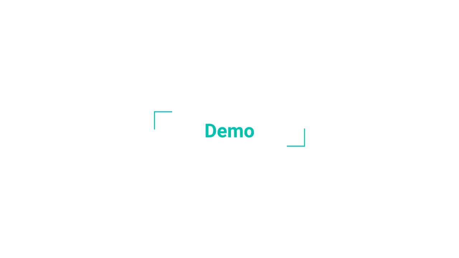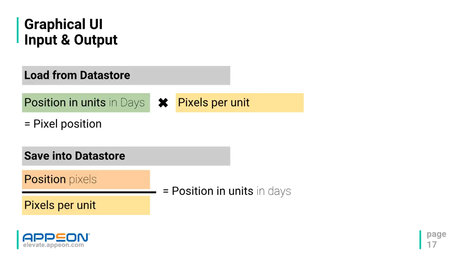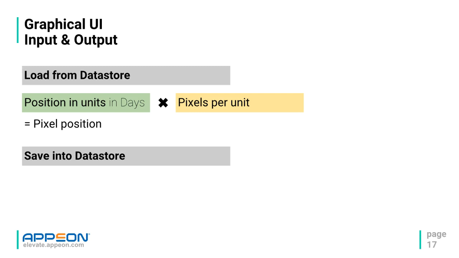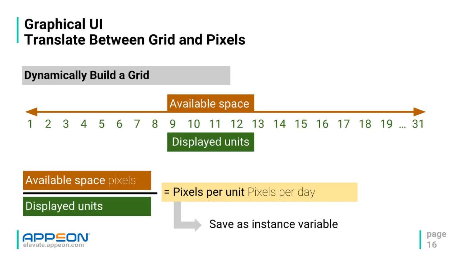Okay. Just before that, some additional information. When you draw that grid, you have 31 columns you want to draw. You divide your pixels by 31. And usually if you divide any number by 31, it's not going to work out straight. So you have some rest.